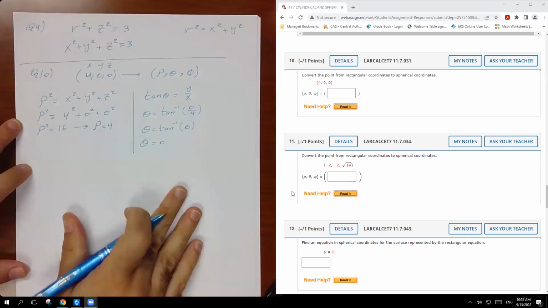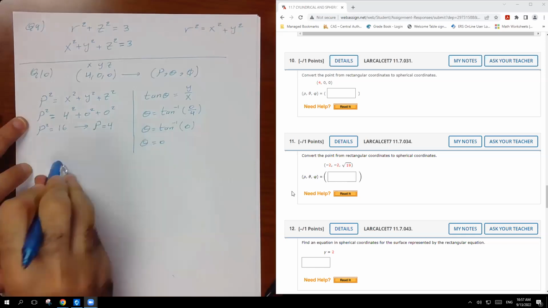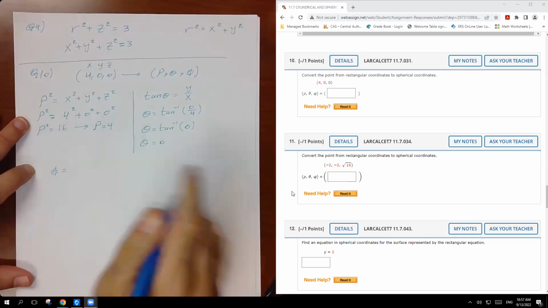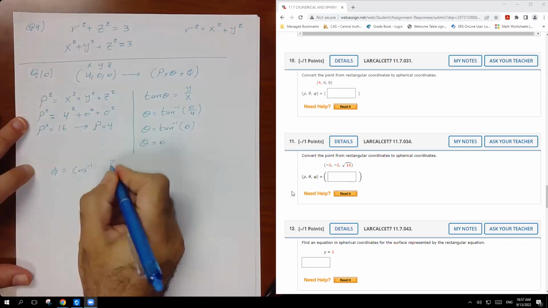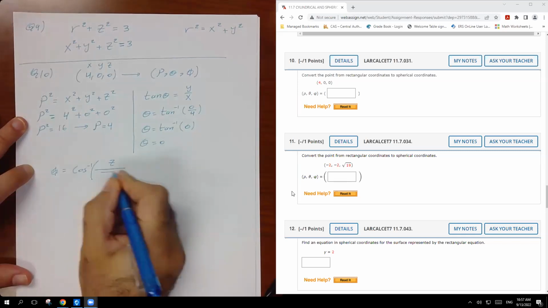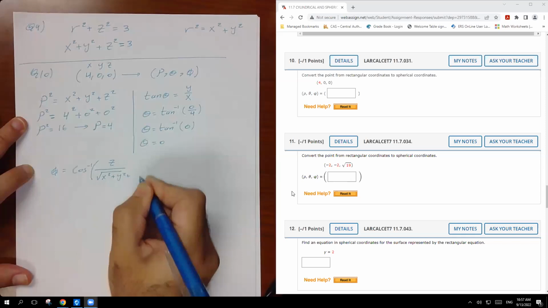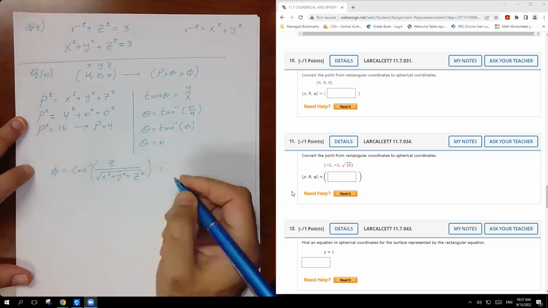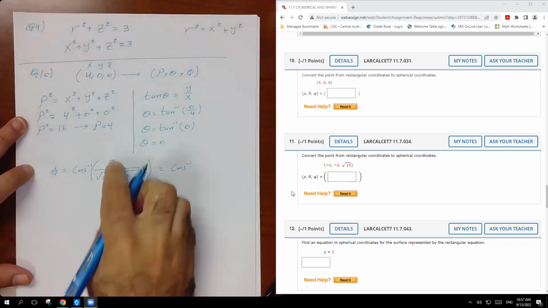Now the phi is going to be cosine inverse. This is the formula: z over the square root of x squared plus y squared plus z squared, which is going to be cosine inverse of z, which is 0.